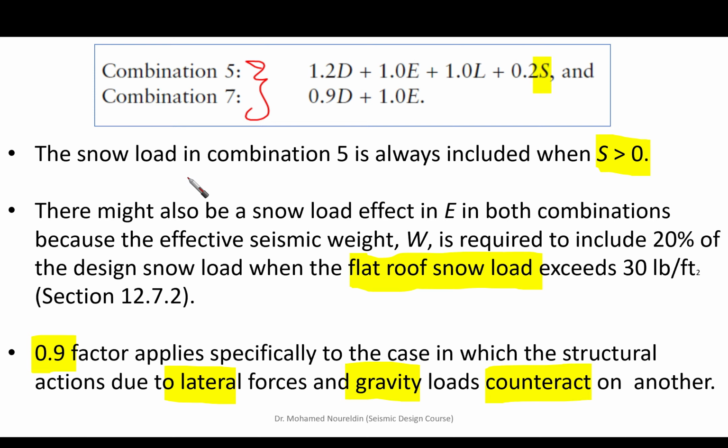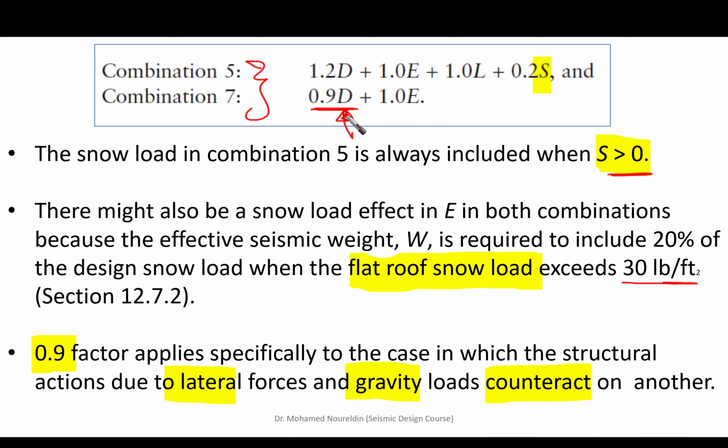We said here the snow load in combination 5 is always included whenever S is larger than 0. There might also be a snow load effect in E in both combinations. Actually here, even though we do not have S, S is included in the dead load, because the effective seismic weight is required to include 20% of the design snow load when the flat roof snow load exceeds 30 pounds per foot squared.